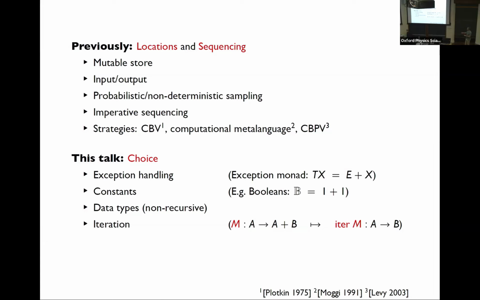And iteration, if you have an iterator, a loop as it were, that's something semantically that takes a map from A to a sum, so from A you return A or you return B, to an iterator on A. So it takes M, computes M. If M exits with A, you keep going, you iterate again, you go back into iter, and if M ends at B, you exit.